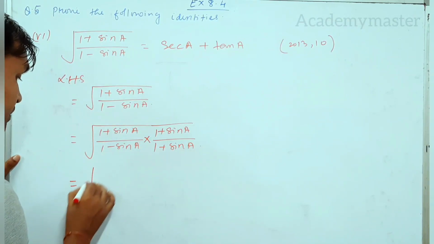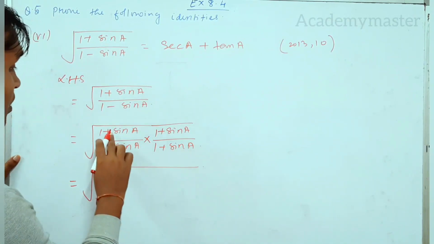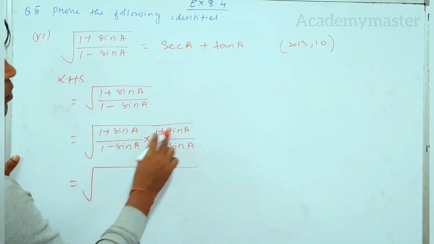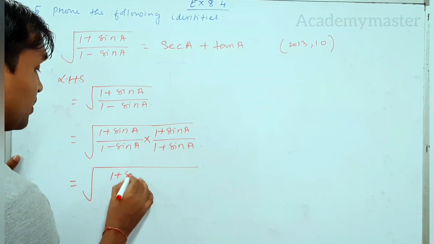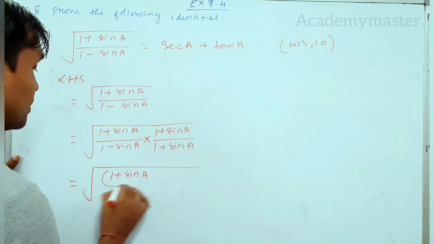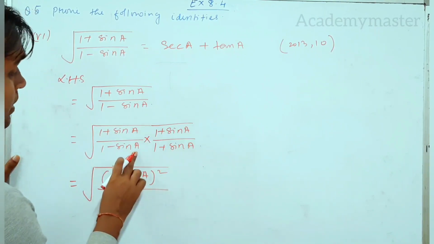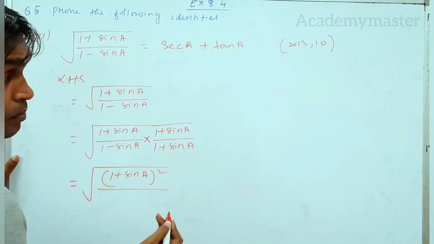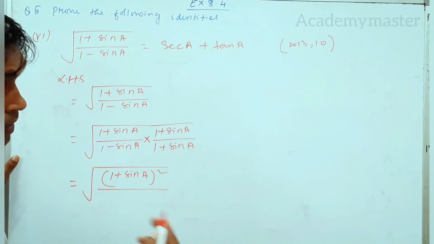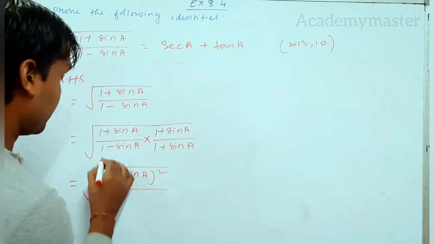So we'll do it next. 1 plus sine A into 1 plus sine A, so it will become 1 plus sine A whole square. In the denominator we have 1 minus sine A and 1 plus sine A. That's the same formula, A plus B into A minus B, which is A square minus B square.